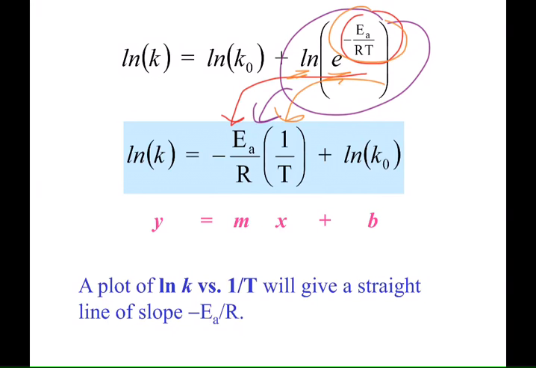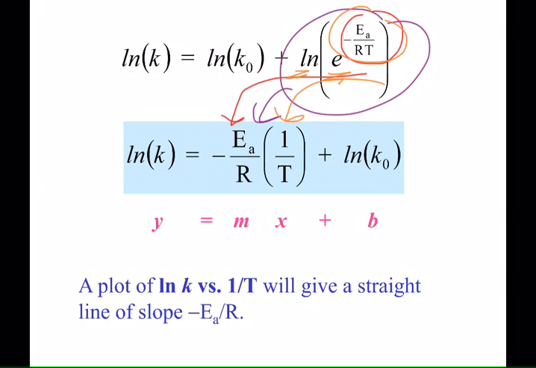So we're getting ready to come up with an Arrhenius plot. This is the Arrhenius equation. The Arrhenius plot now looks like this. Along the y-axis, we're going to take the natural log of the rate law constant, ln of k. And then along the x-axis, we're going to take 1 over the absolute temperature.